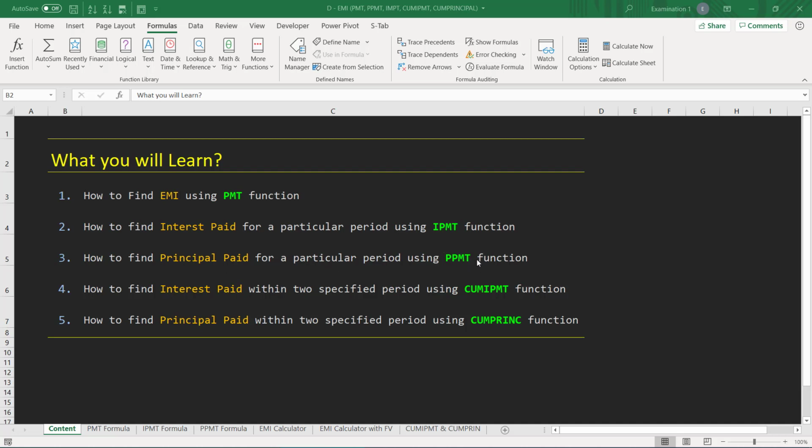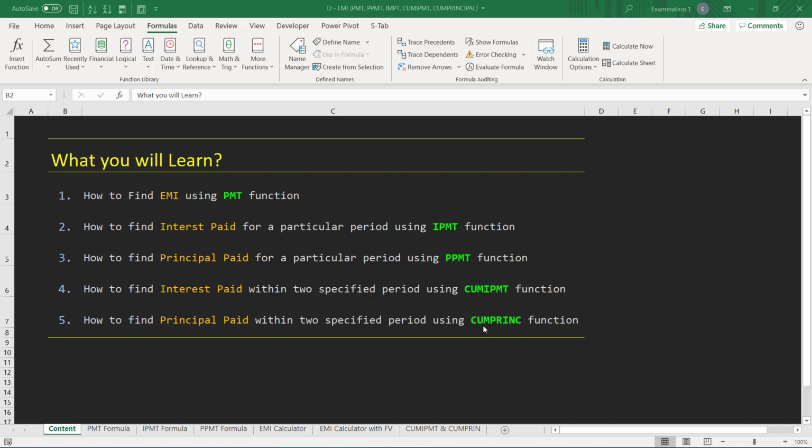Now if I ask how much money you are going to pay to the bank as interest from EMI 4 to 8, then you need to use this function, cumulative interest payment. It requires two more arguments which we call start period and end period, and that is the reason why I told you between 4 to 8, or let us say 5 to 10.